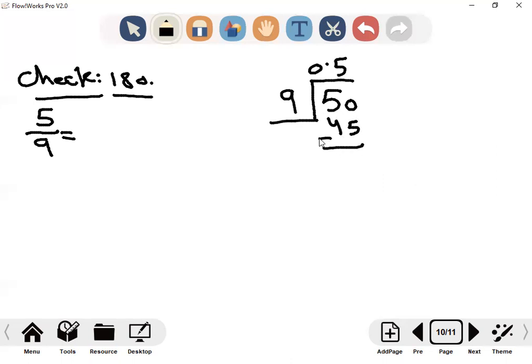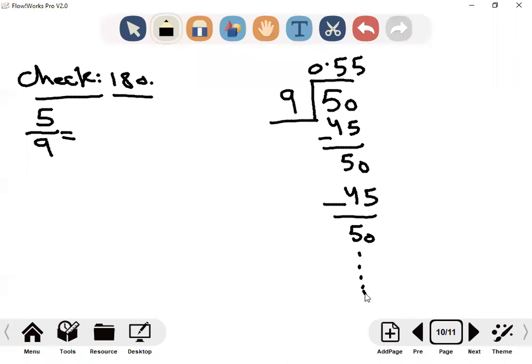Subtract. 5. Decimal, 0. 50 on 9, 5. 5 by 9, 45. And 5 decimal goes on, right?